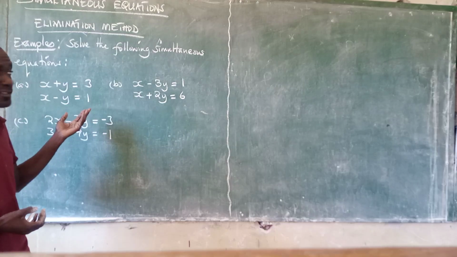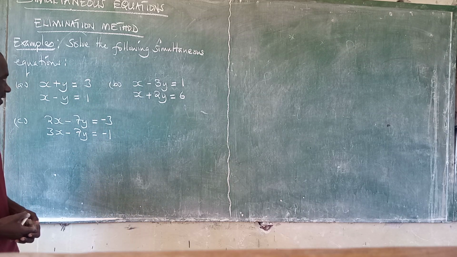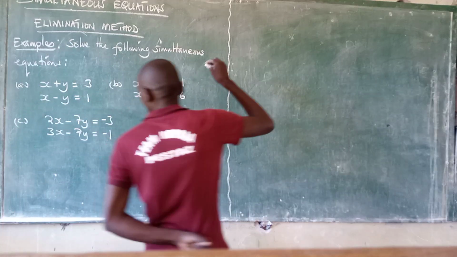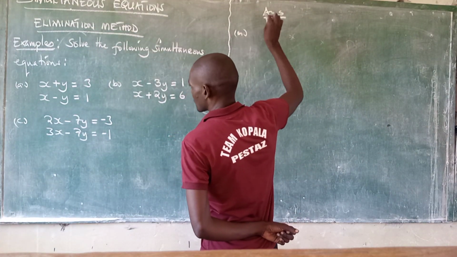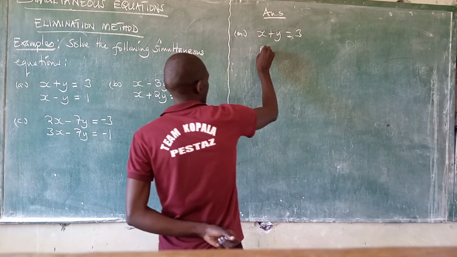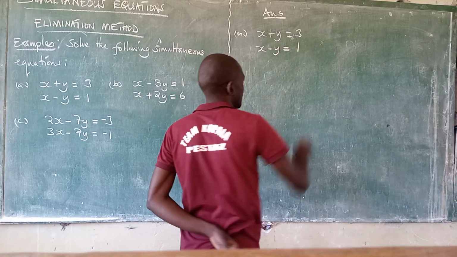So the question says, solve the following simultaneous equations, and we begin with x plus y equals 3, as well as x minus y equals 1. So our answers will be as follows: x plus y equals 3, then we have x minus y equals 1.